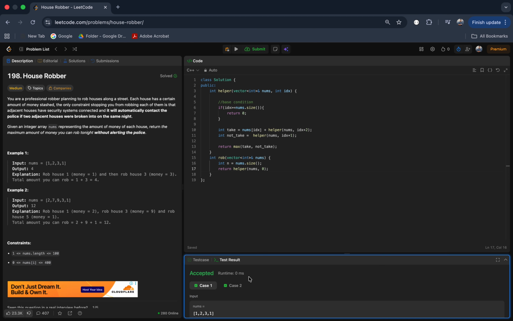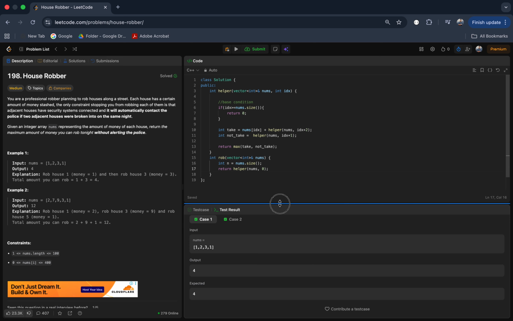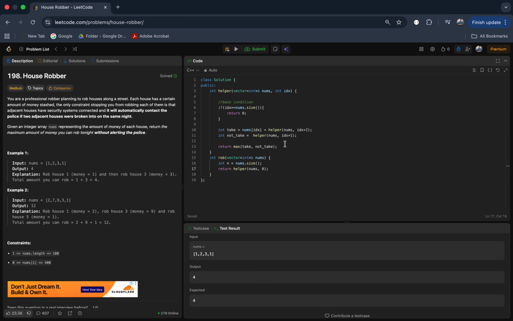So basically it will give the answer correct here, but the time complexity will be exponential as for each recursive call of this helper function, two functions are being called.